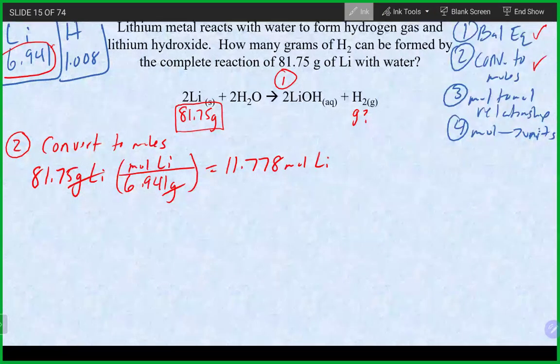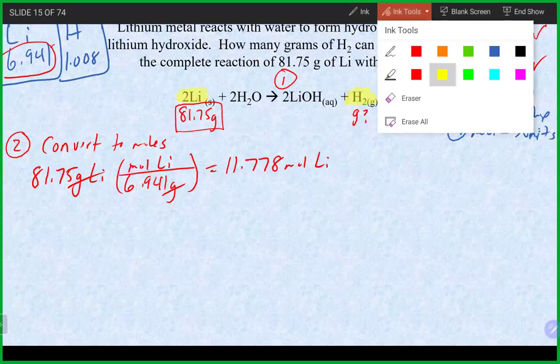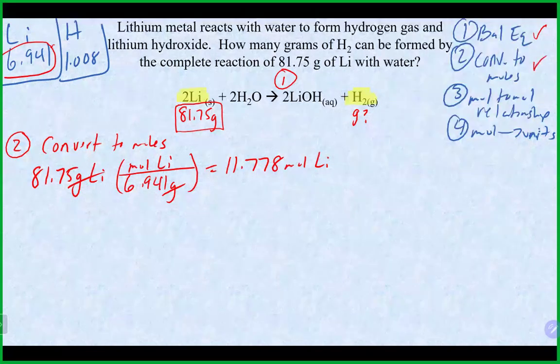So we'll go to our equation and look at lithium, which they gave us. We will look at hydrogen, which is what we're trying to find. And we will use the mole to mole relationship between those two that we get from the equation to do that. And that's the mole to mole relationship.